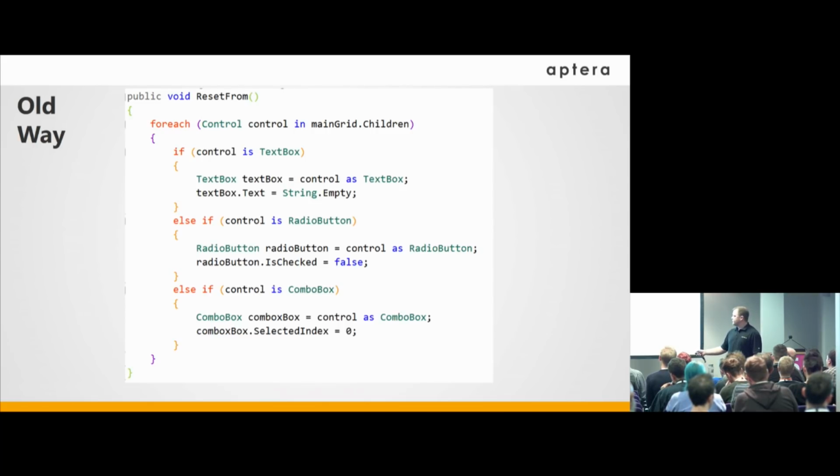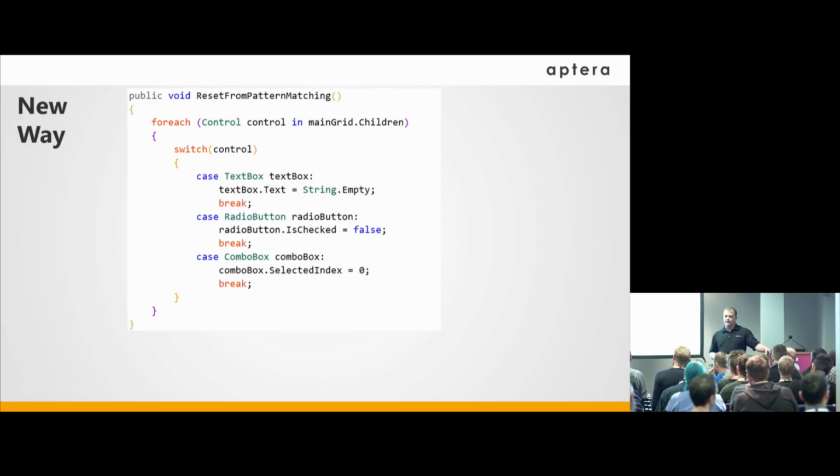But because we want to be able to say is checked, it's not enough simply to know that the control is a radio box. We have to cast it as a radio button. Nothing really wrong with this code. But with pattern matching, we could write it like this.